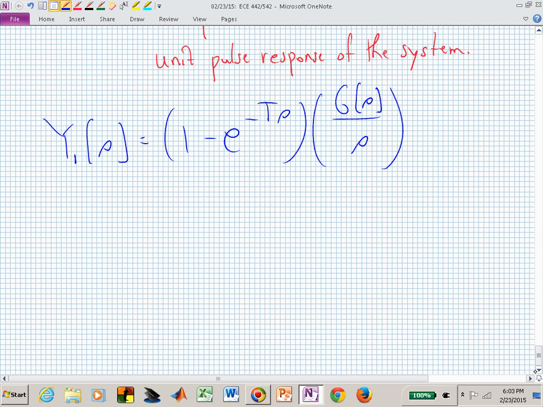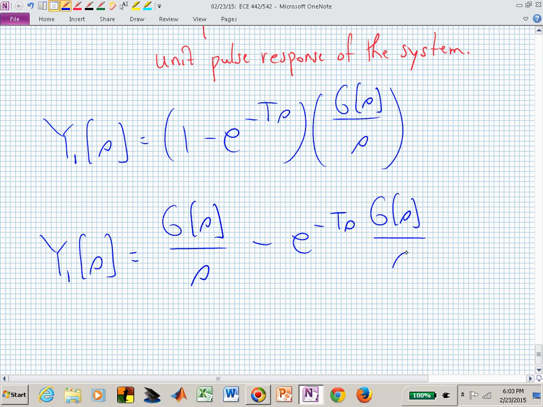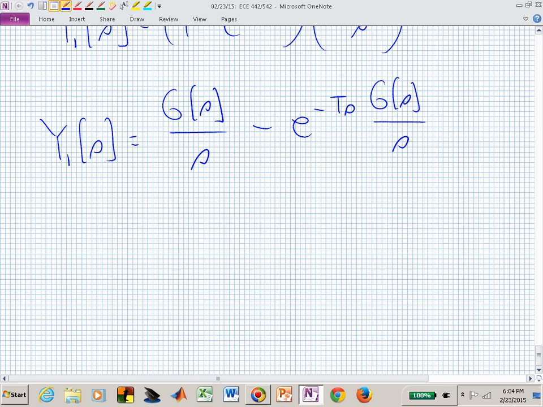So let's write this down a few different ways. We have capital Y of S. We could put that into two terms. We have a G of S over S minus an e to the minus ts G of S over S. And what we want to do is actually Z-transform the sampled version of that.